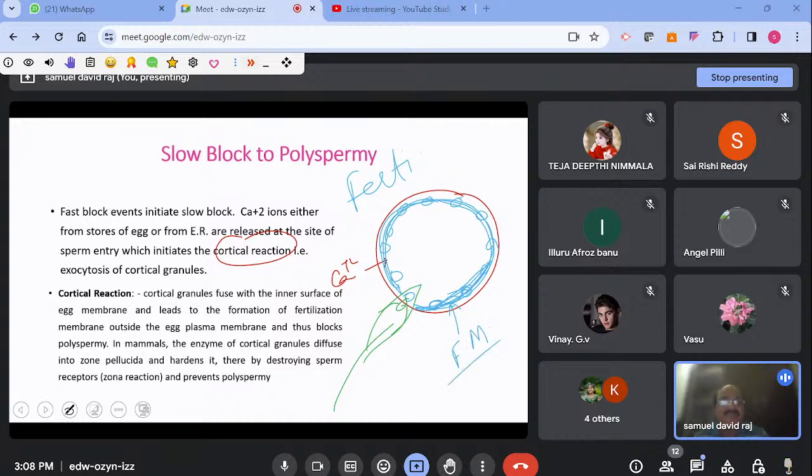This fertilization membrane is formed by the fusion of the cortical granules, a process called cortical reaction, so that the other sperms which haven't made an entry are further prevented by this cortical reaction, so that they cannot enter the egg at all.